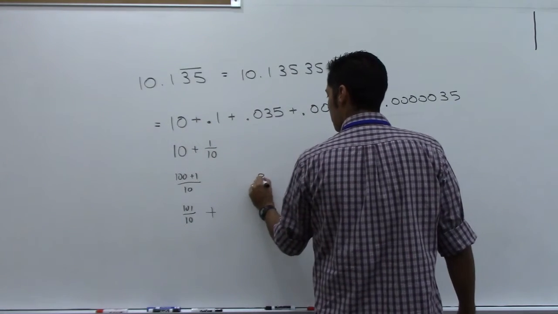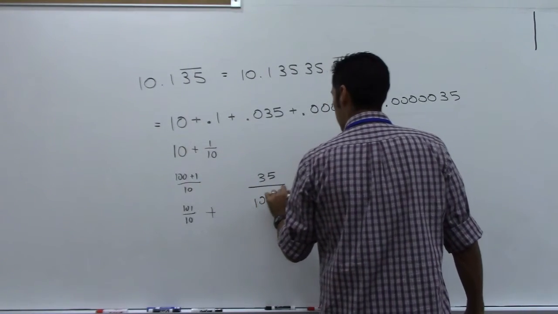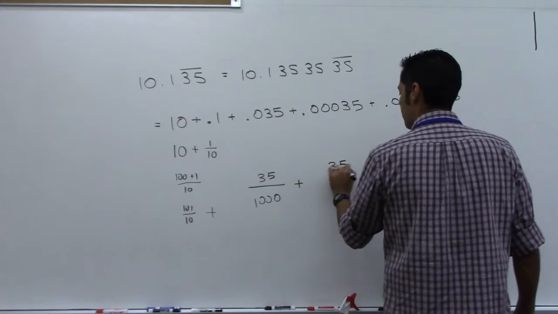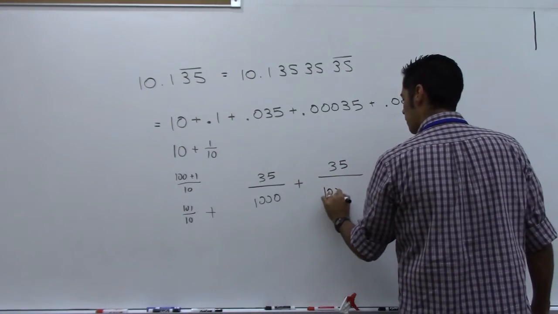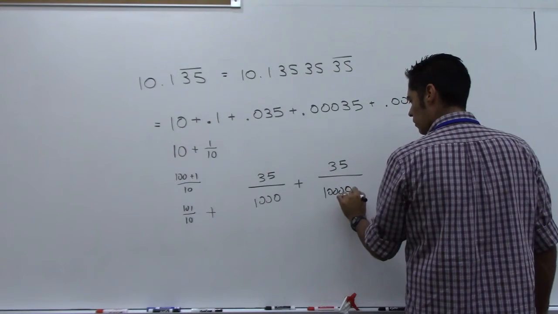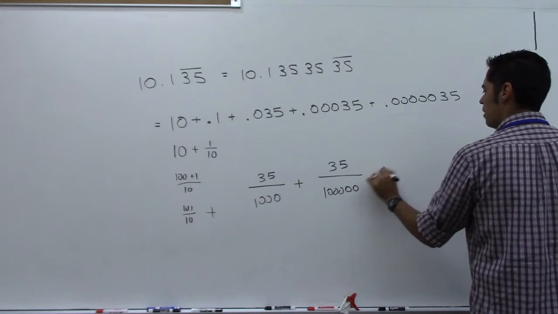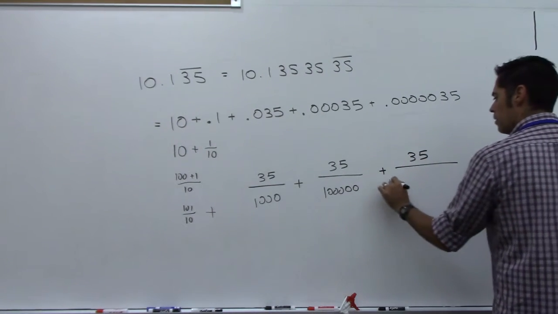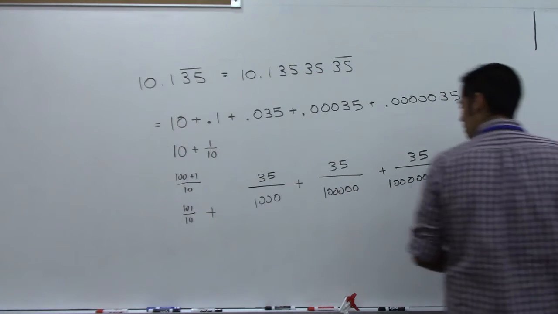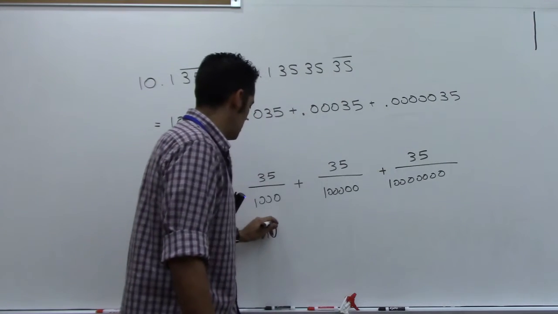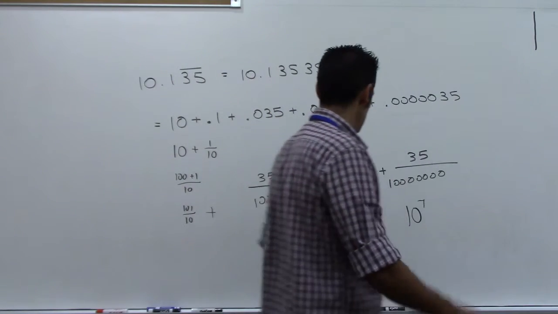This is 35 over 10 to the third, thousandths. And then the next one, 35 over 10, 1, 2, 3, 4, 5, 6, 7. So what you get here is 10 to the third on the bottom, 10 to the fifth, 10 to the seventh.